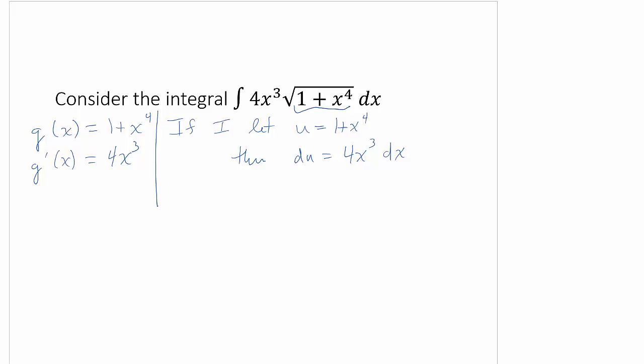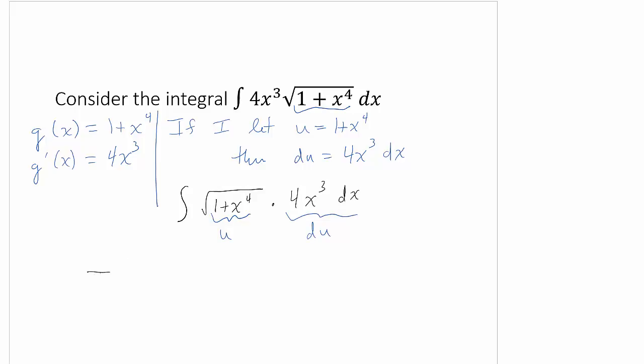Now let me rearrange the integral a little bit. I rearrange the integral as the square root of 1 plus x to the fourth times 4x cubed dx. And notice that what is inside the radical is what we called u, and the rest of this piece is what we've now called du.